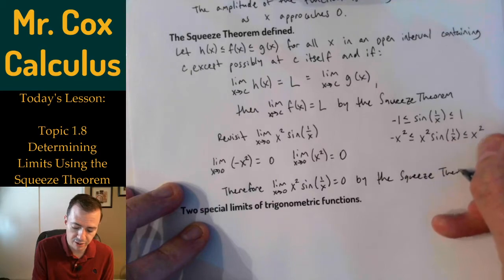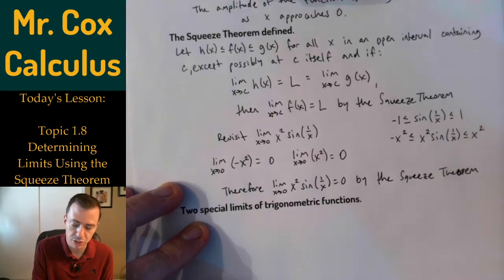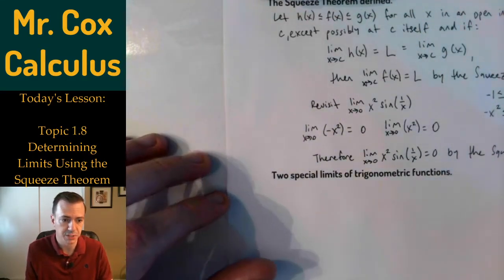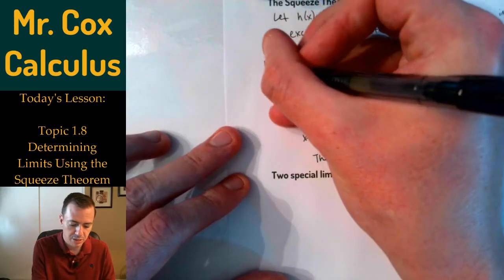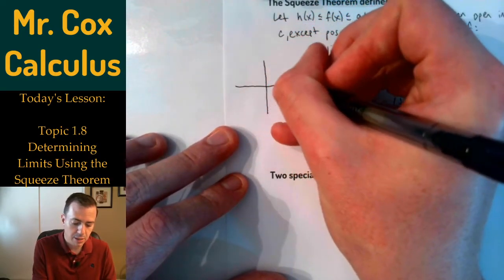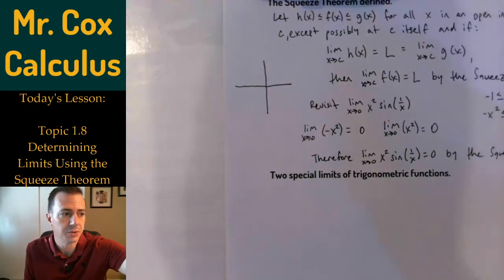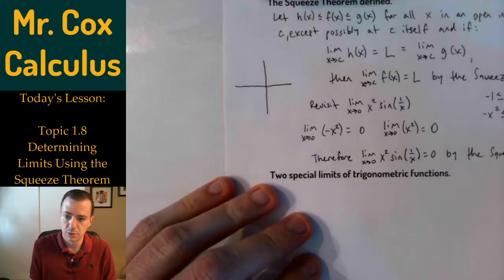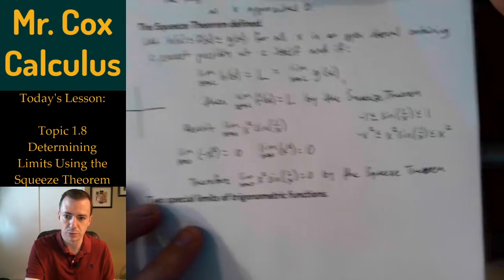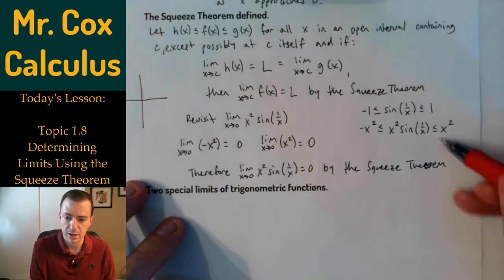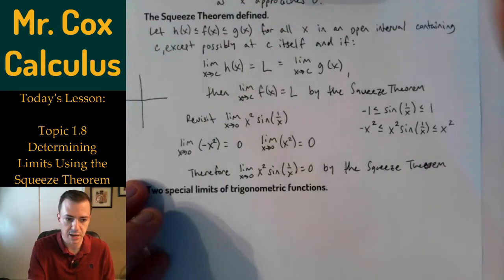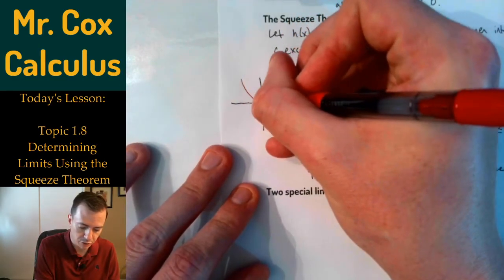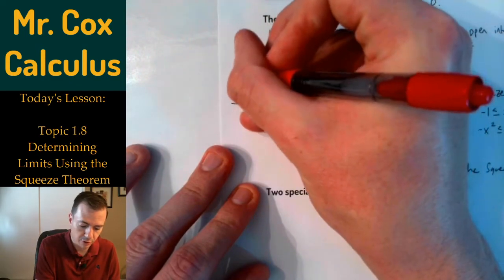I'll graphically lay out what's happening, although I would encourage you, if you want to get into a more in-depth graphing tool like Desmos, it's really worth seeing what happens here. So what happens is, and I'm going to grab a couple of different colors here, x squared serves as an upper bound for this function. All of this function is bound with an upper bound of x squared, which is just the parent function of our quadratic functions.